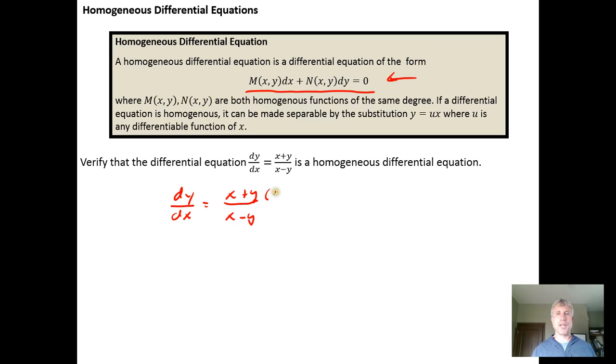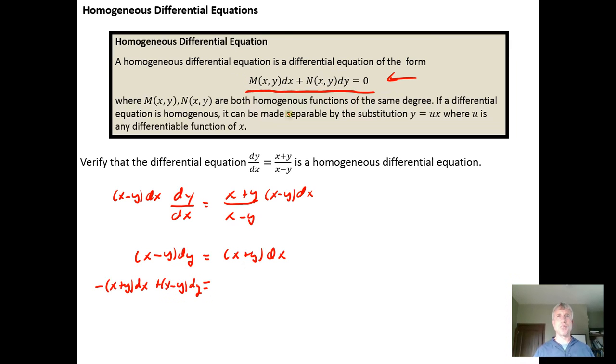So if we multiply both sides by (x minus y) dx, we wind up getting (x minus y) dy equaling (x plus y) dx, and then we can subtract this from both sides, which is going to give us minus (x plus y) dx plus (x minus y) dy, which is in the form M(x, y) dx plus N(x, y) dy equal to 0. So it has the appropriate form.